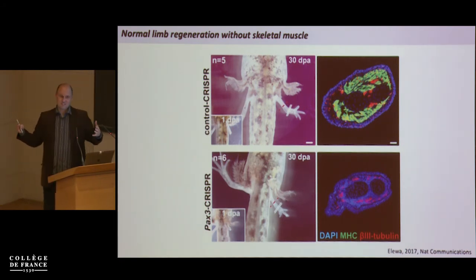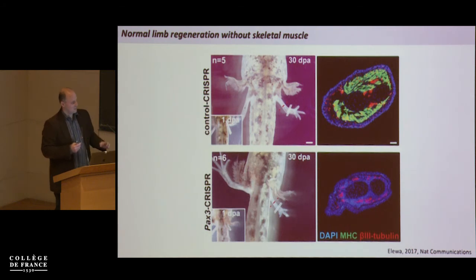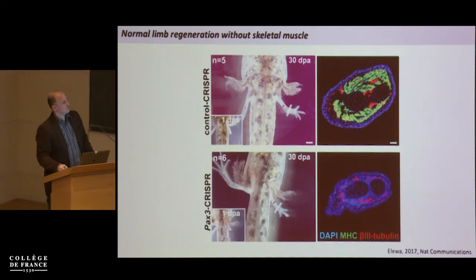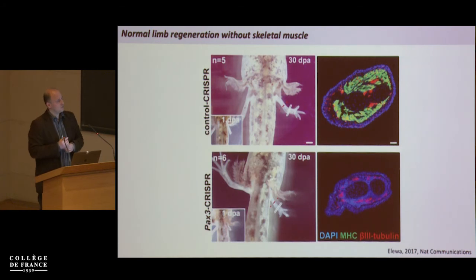So basically, in this context, muscle only gave rise to muscle, and there was nothing else that could contribute to muscle, which actually goes along the lines with the initial tracing data in the other newts.